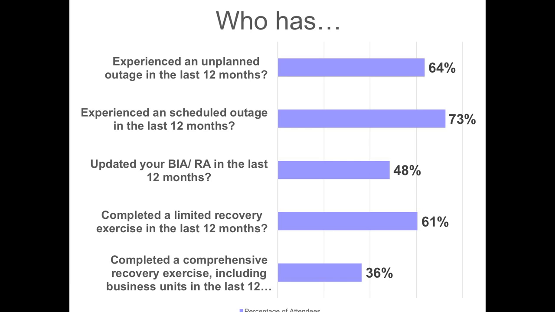I'm impressed that our people are keeping their research or data collection, BIA, and risk assessments up to date, about half. Excellent, congratulations. And again, a little more than half are doing a partial exercise. And finally, a full-blown exercise in the last year, about 1/3. And that's challenging not only from budget for planning or complexity, something to think about.